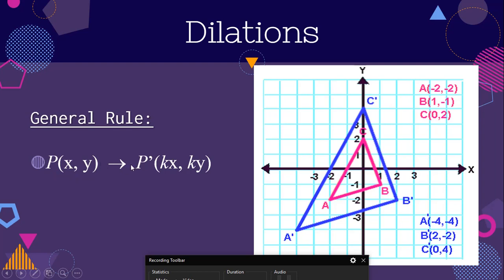It will map itself to P prime. We're going to multiply the scale factor K times the X coordinate and the scale factor K times the Y coordinate, and that will tell us where the new location is. This works with scale factors that are positive and whole, and it works with fractional scale factors as well.